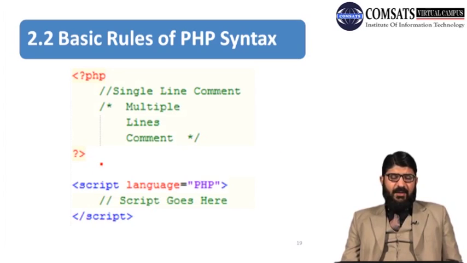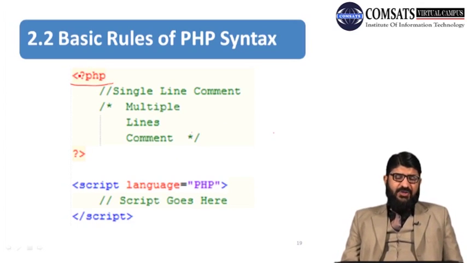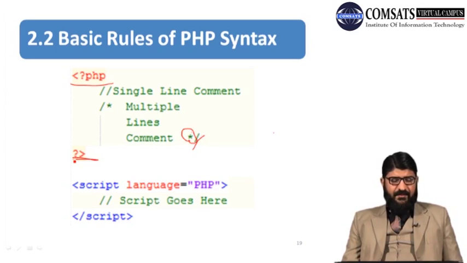Now see the basic rule of writing PHP code. So here you can see the start tag is mentioned over here, that is question mark PHP, and then a single line comment by 2 forward slashes, and for a multiple line comment, the start of the comment is with slash and star, and the end of the comment is basically star and then slash, and then the ending tag of PHP is given.